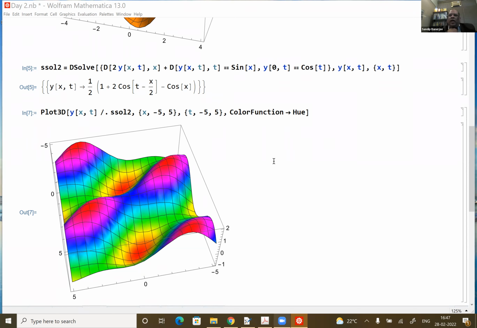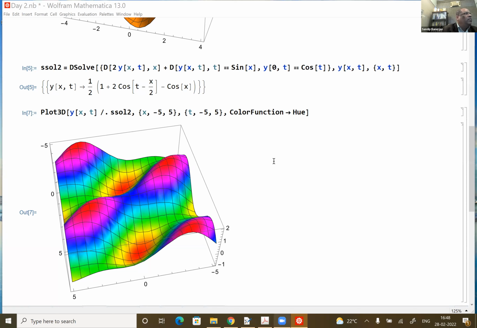You mean something like using, say, Dirichlet's condition or heat equation, something like that? Okay, heat equation.